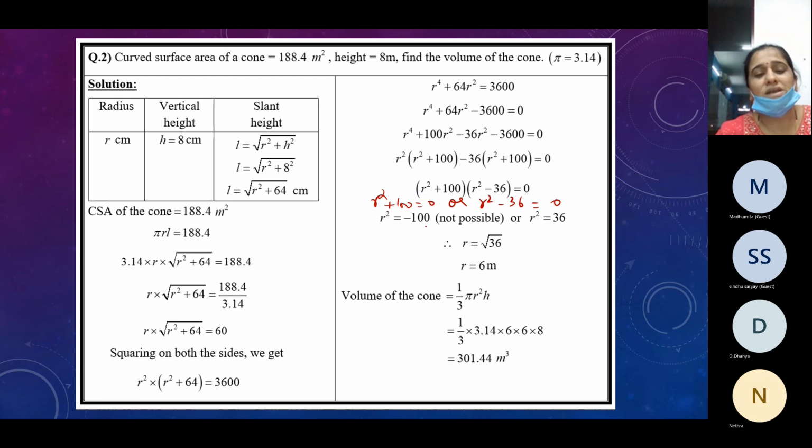So r square is equal to minus 100. This is not possible because r would be the square root of minus 100, which is imaginary. So r square is equal to 36. R is equal to the square root of 36, which is 6 meters. Now we found r. R is 6, and height is given to you in the question as 8. Find the volume.